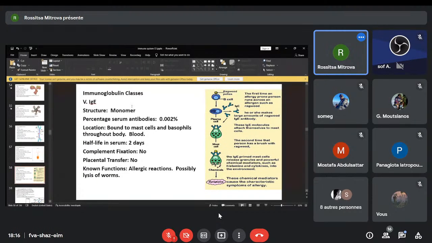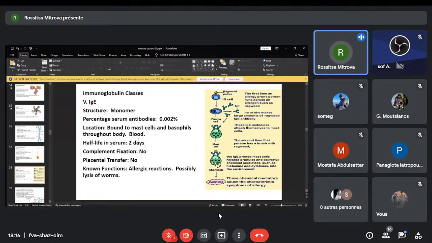IgE, a monomer structure. This is the smallest, in fact, percentage of all. It is bound to mast cells and basophils throughout our body, in blood as well. 2 days half-life, no fixation, no transfer.